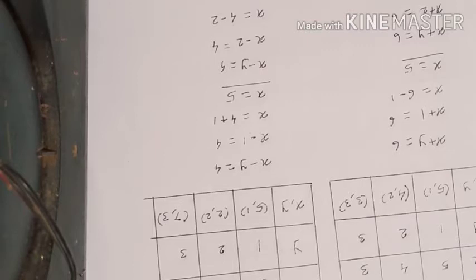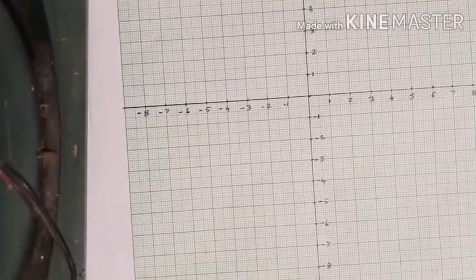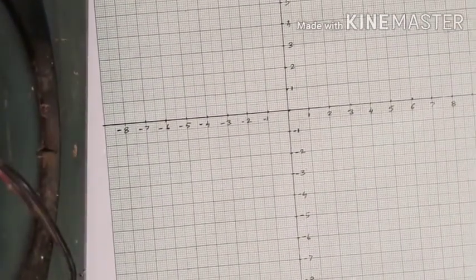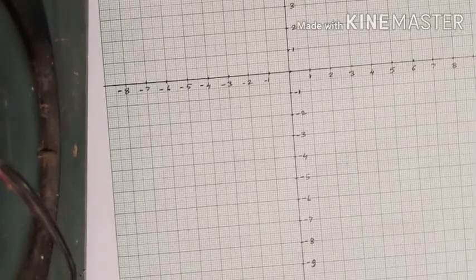There are 3 points for the first equation. The points for the second equation are 5 comma 1, 2 comma 2, and 7 comma 3.